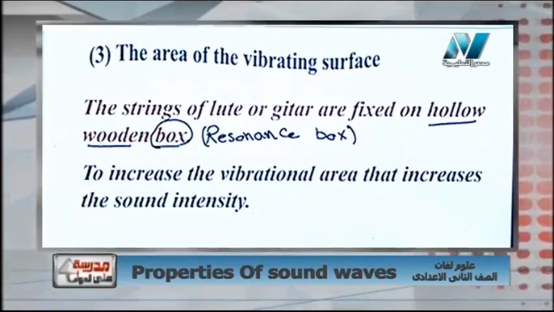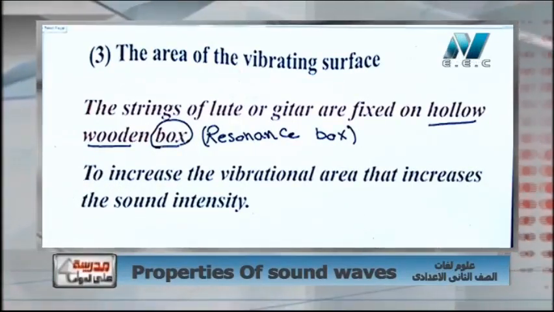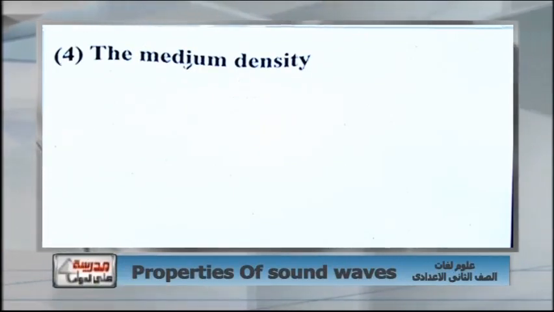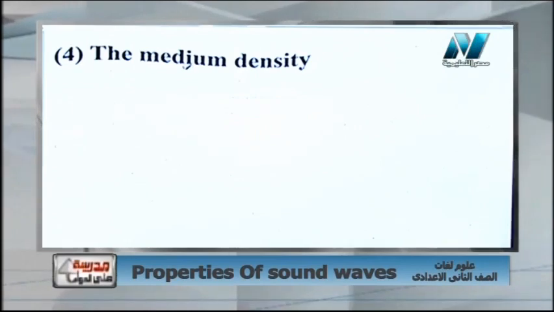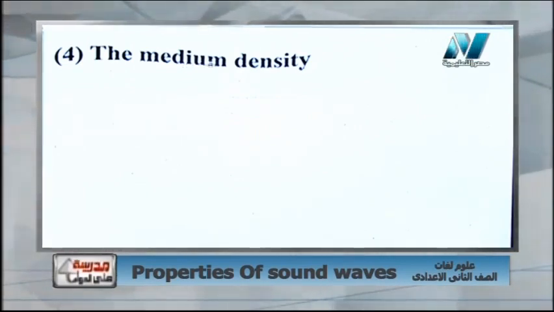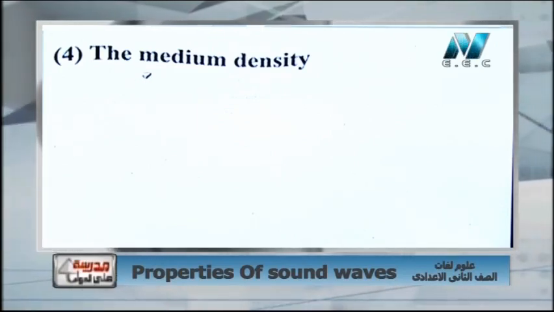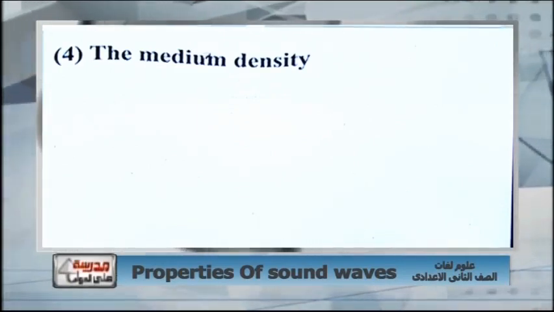So the relation here is directly proportional. Number 4, the medium density. We said it is directly proportional with the sound intensity. Till now we just have to recognize the last point in our lesson, but not today.